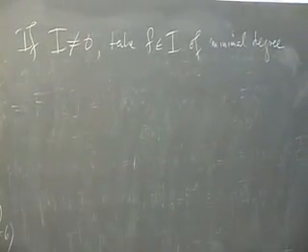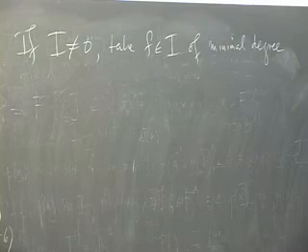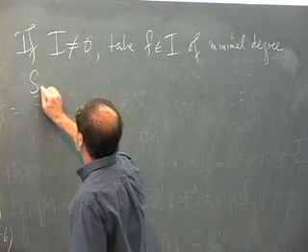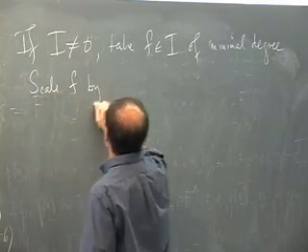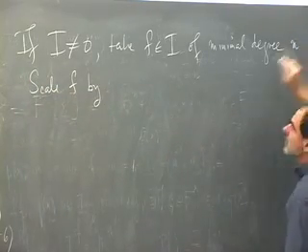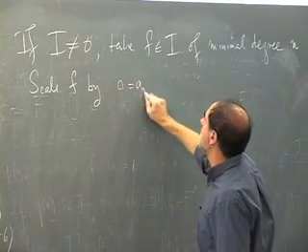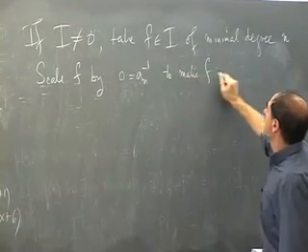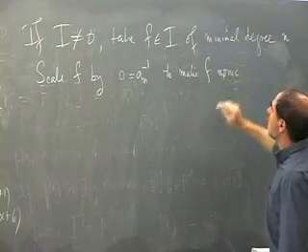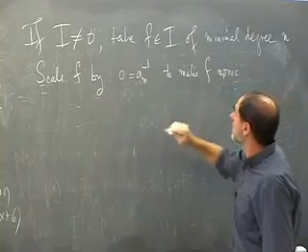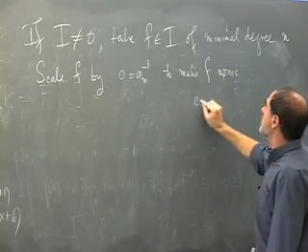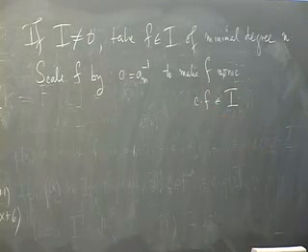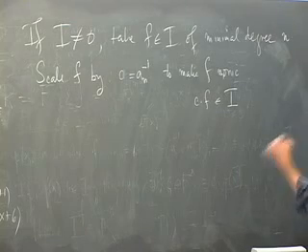If it's non-zero, there might be several things of degree 7, but choose one of them. Scale f, let's say the minimal degree is n, by c, which is an inverse, to make f monic. It's still in the same ideal because c times f is also an element in the ideal. c is an element in the ring. So I now have a monic polynomial of minimal degree in I.